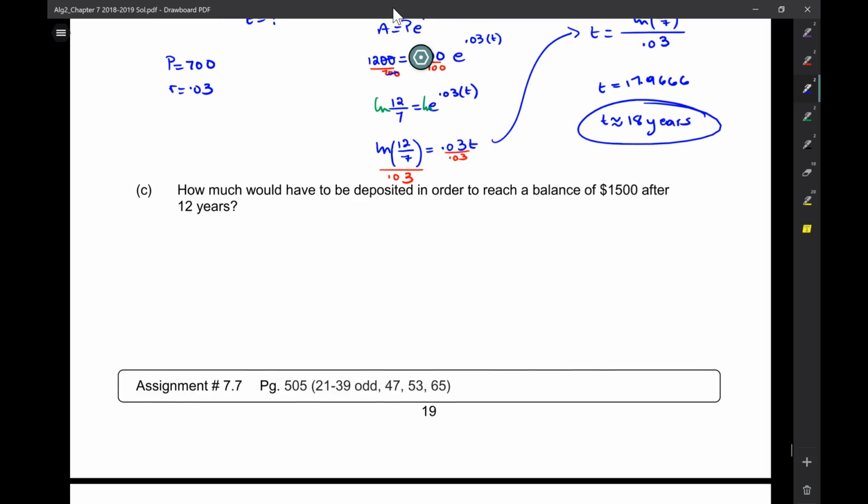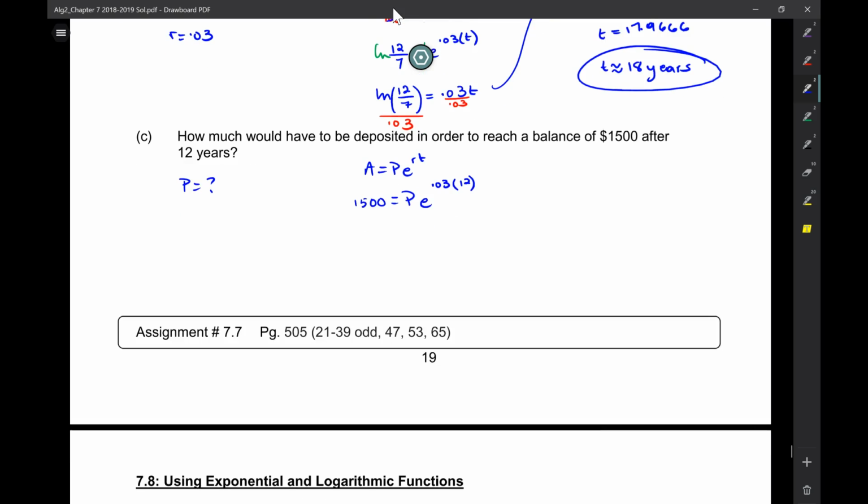How much money would have to be deposited in order to reach a balance of $1,500 after 12 years? Now what am I looking for? P. So A is 1,500 equals P e to the 0.03 times 12.